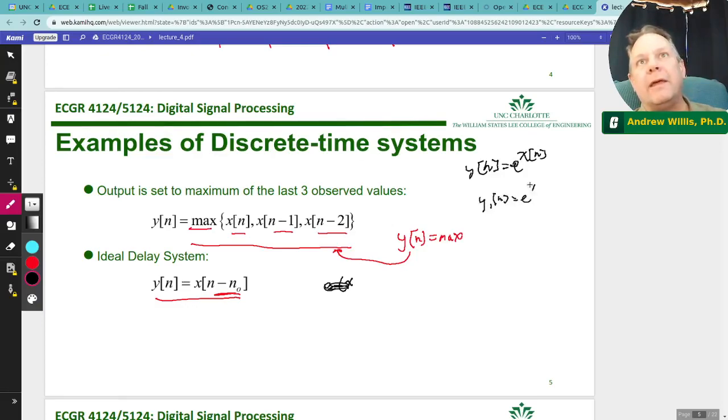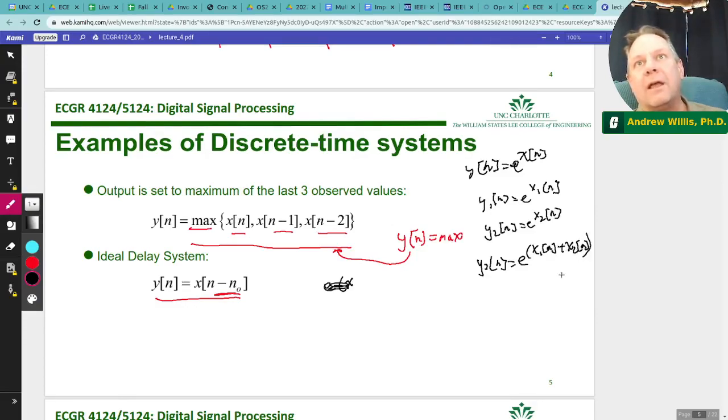It's equal to e of x1 of n, right? y2 of n is e of x2 of n. And then y3 of n, well, we have to add the inputs and then put it into the system, which exponentiates. So it ends up being e of x1 of n plus x2 of n.